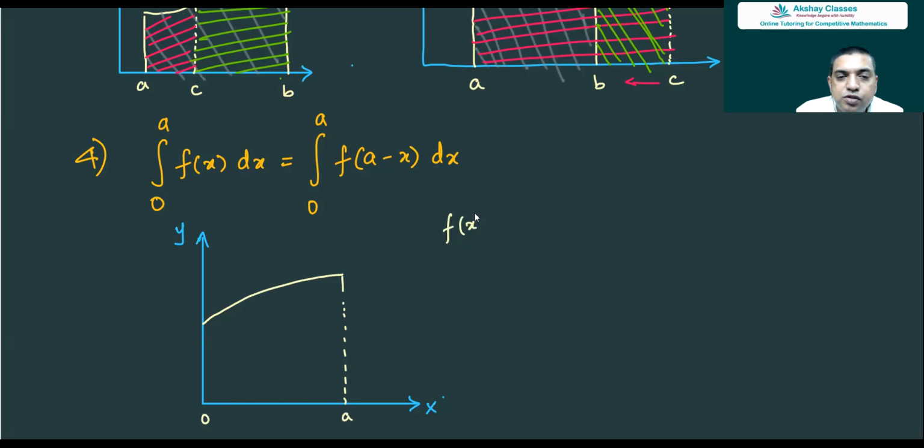Now, whatever value you find when x is equal to 0, this is f of 0. Now, when you put x equal to 0 in the second function, you get f of a. So this is f of a. This is y equal to f of x. So put x equal to 0, you get f of a. And put x equal to a, you will get f of 0.